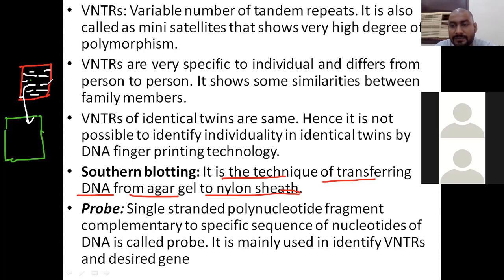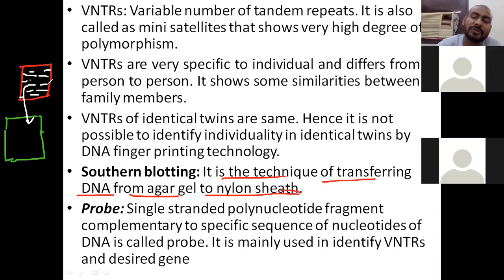Southern blotting means the transfer of DNA from agarose gel to the nylon sheet. Northern blotting means the transfer of RNA from gel to the nylon sheet. And eastern blotting means the transfer of protein molecules from gel to the nylon sheet.